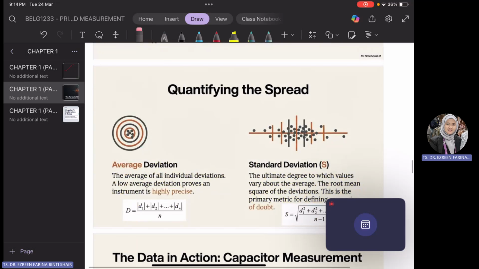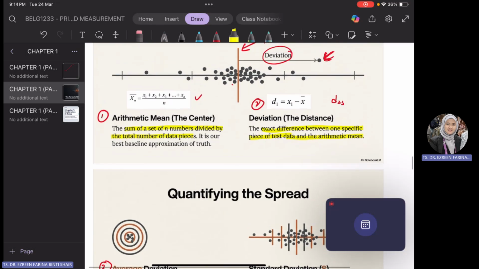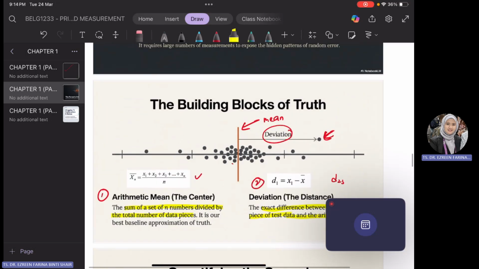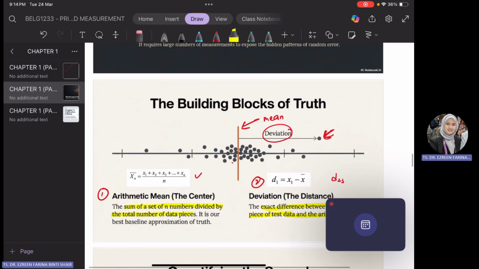The next statistical analysis is the average deviation. Average deviation is the average value of all individual deviations. Previously you have the deviation over here. Like I said, if you have 23 data, you will have 23 deviations up until D23.